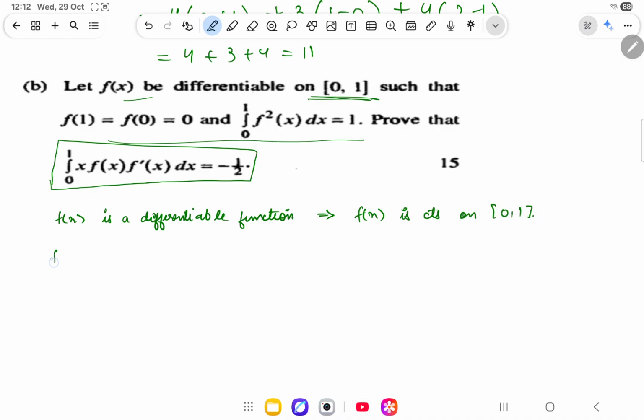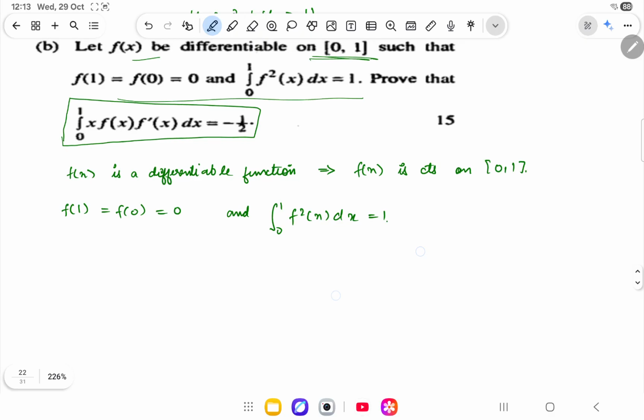Also, f(1) is equal to f(0), which is equal to 0, and the integral from 0 to 1 of f^2(x) dx is equal to 1. Now we are supposed to show that the integral from 0 to 1 of x f(x) f'(x) dx is equal to -1/2.